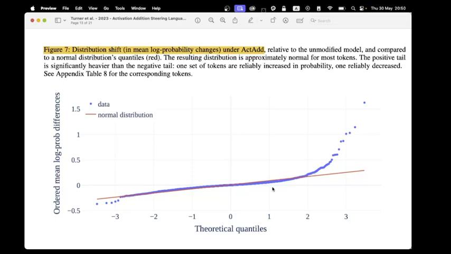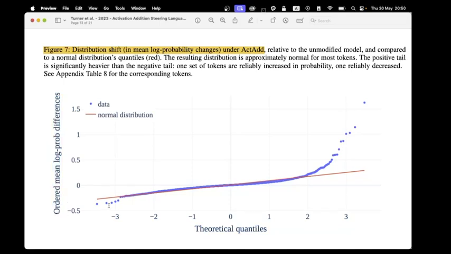Do you have an understanding of why blue dots follow normal distribution? I mean, they seem to follow. You mean why they follow it for the most part? Yeah. I think what's going on here is that each word actually contributes.